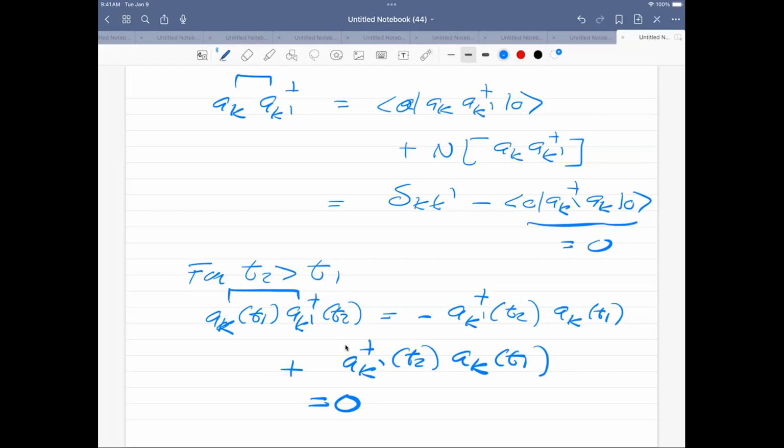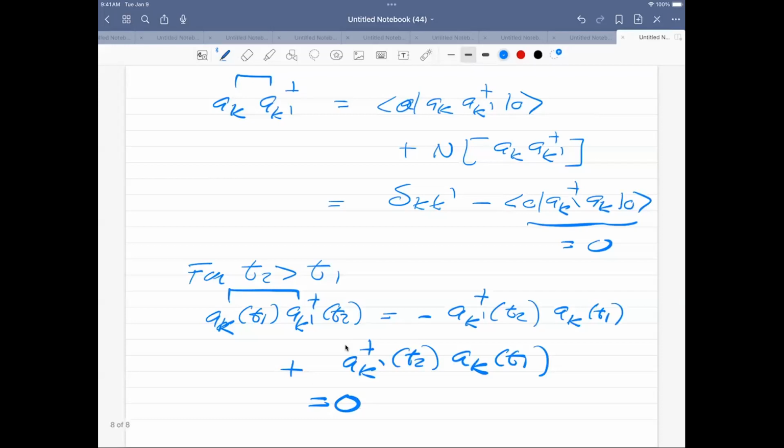So what we end up with then is actually a modified Wick's theorem, where we now have as a goal to try to reorder everything in terms of normal order products.